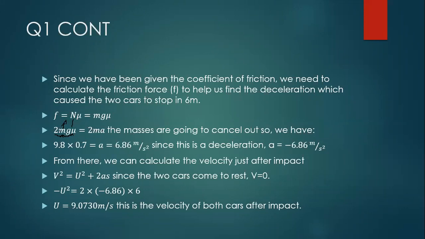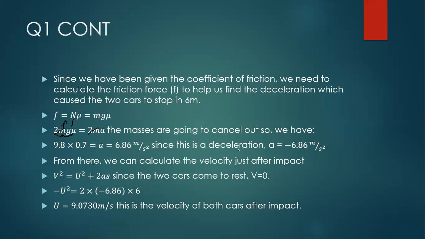Now the normal is 2 mg because we're dealing with two masses, and this eventually should produce acceleration, and 2 because there are two masses. So this and that will cancel out. We'll end up having g times mu is equal to a, and actually it gives us 6.8 meters per second squared.